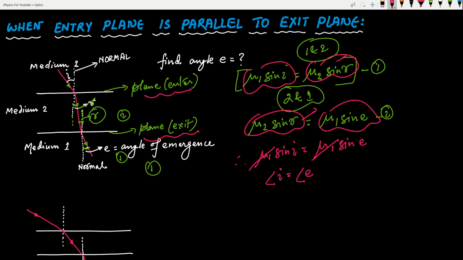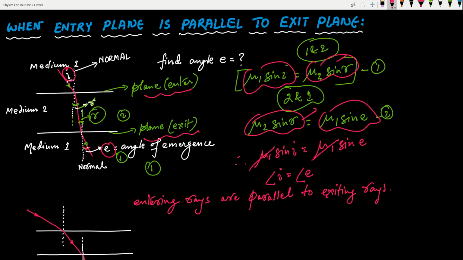Whenever the entry plane and the exit plane are parallel, then we say that the entering rays are parallel to the exiting rays. Why? Because you can see this angle of emergence is equal to the angle of incidence. Therefore we can say that both the rays are parallel. So entering rays are parallel to exiting rays.